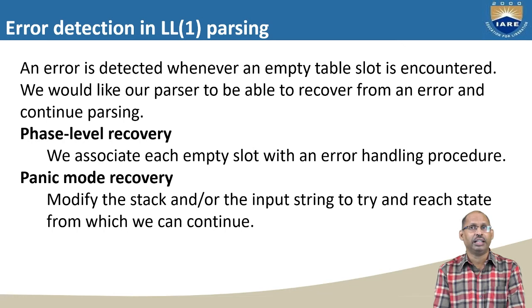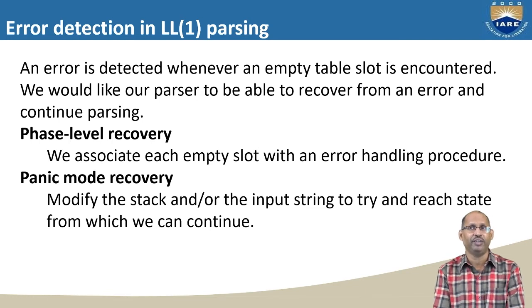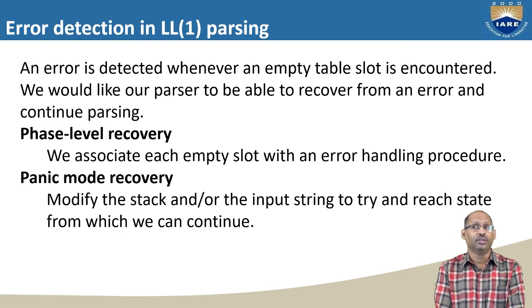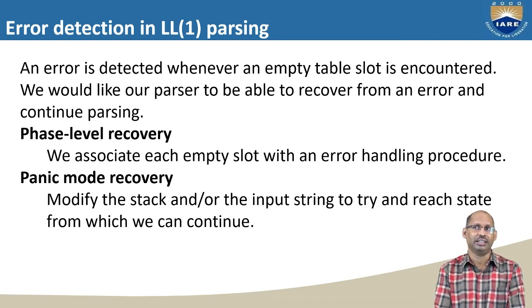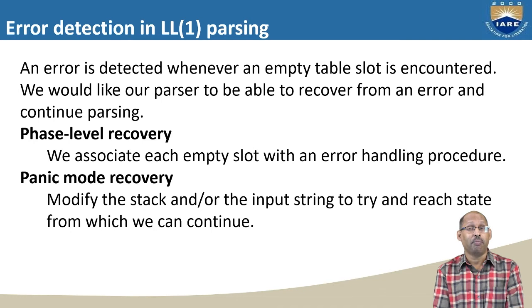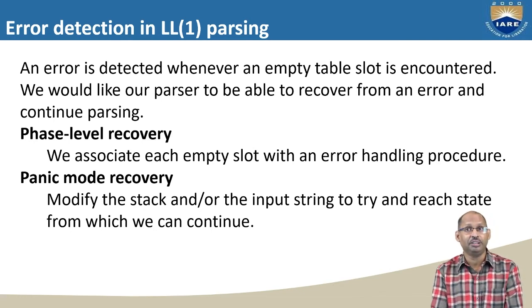Whenever an error occurs while parsing any program, an error message is sent to the programmer and it has to be rectified, which is a headache process for each and every error. So the error handler will try to handle some of the errors so that the parsing will continue and the compilation process will not be stopped.